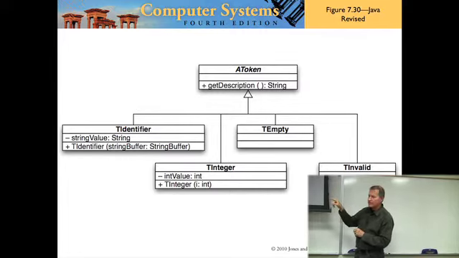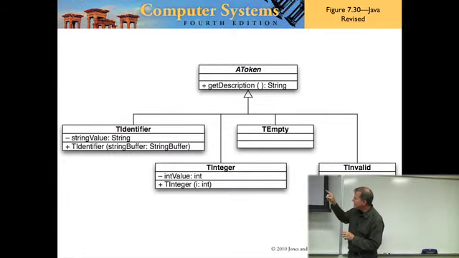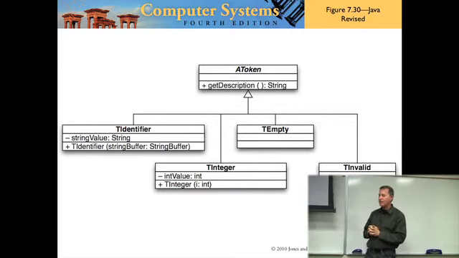Now, this particular class program has 4 concrete tokens. T identifier is obviously a token, so T for token. So that's token identifier. And in addition to implementing its own get description, what attribute does it have? A string value; the attribute is called string value, and its type is capital S String. It's a Java String.